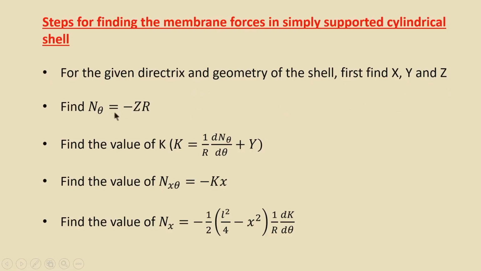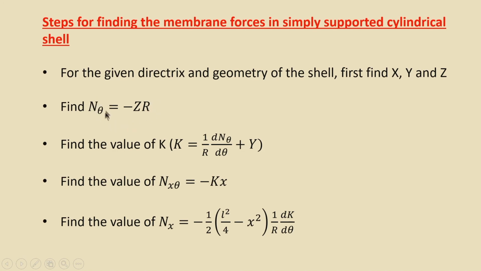So, three components of loads are found, and also the radius of curvature of the directrix curve is to be found out. Once these quantities are found, we go for obtaining n theta, the circumferential stress developed on the shell. So, n theta is equal to minus z r, which is simply found from the algebraic third equilibrium equation.